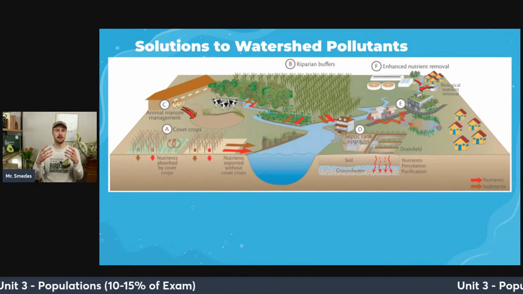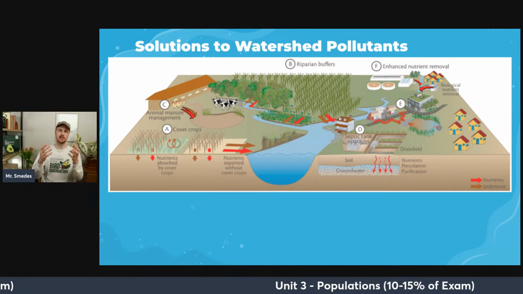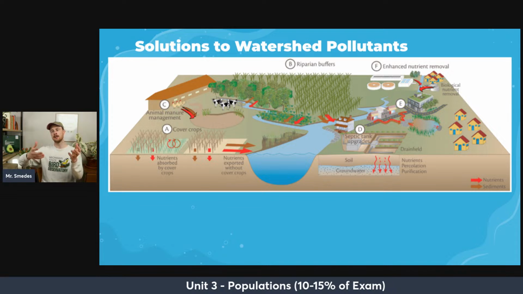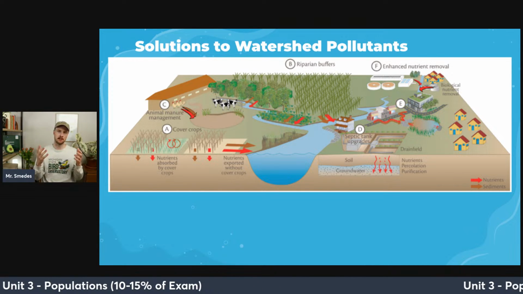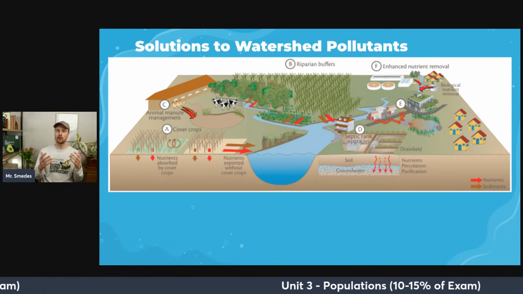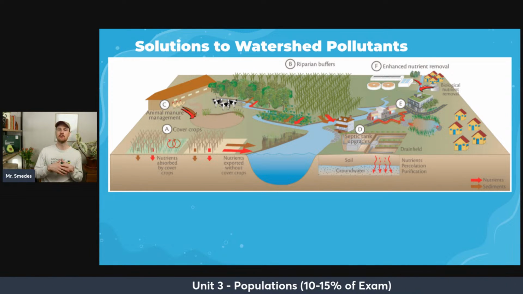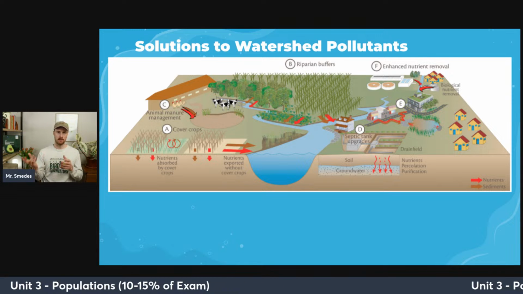So we can get a product out of manure management and decrease the chances that the CAFO manure lagoon overflows and runs into the body of water, right? That's going to pollute it with nutrients, with E. coli. It might pollute it with growth hormones that are in the cow to cause them to grow faster. All of those are things we don't want in our water.